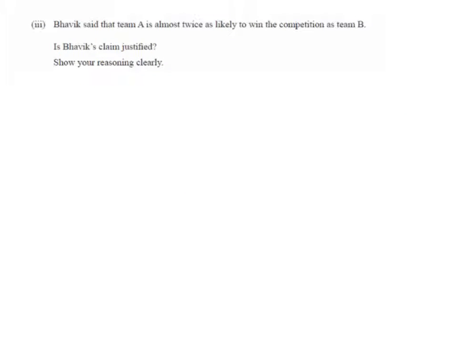Right, Bavig said that Team A is almost twice as likely to win the competition as Team B. Is his claim justified? Show your reasoning clearly. Well, we've got the probability that A wins is 42 out of 64, or 21 out of 32.